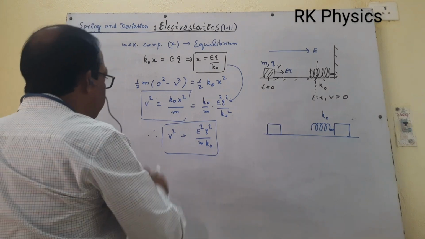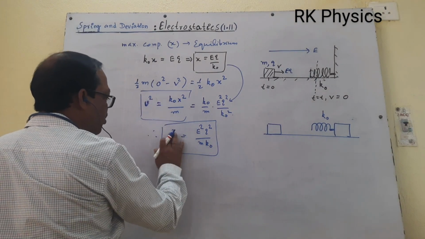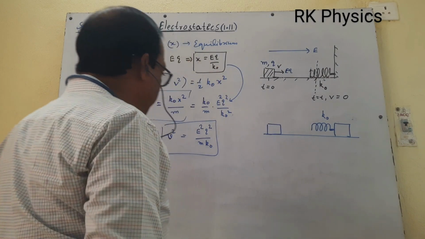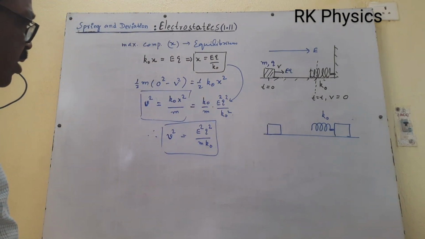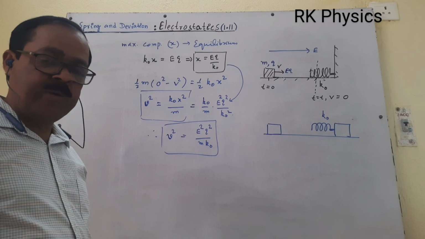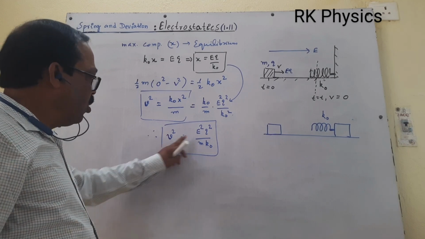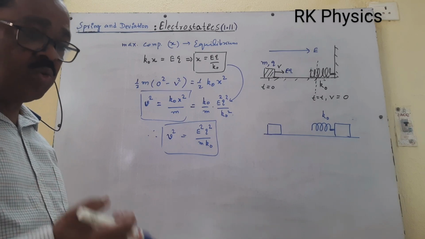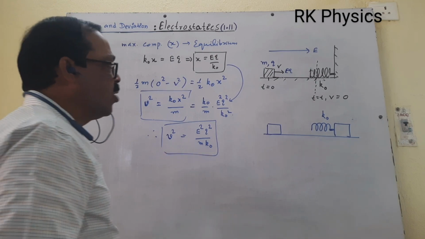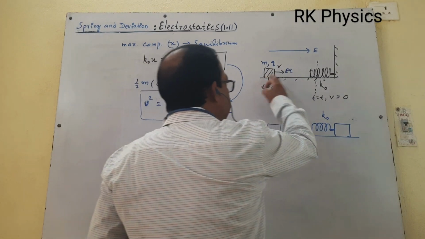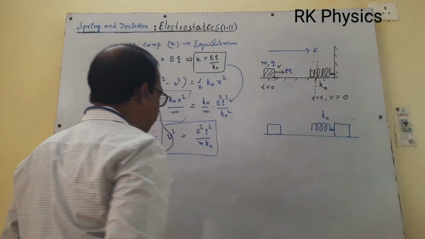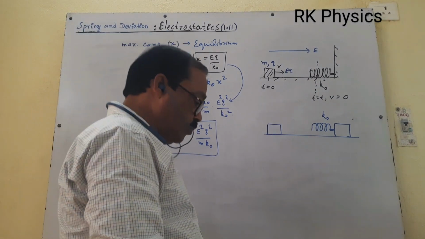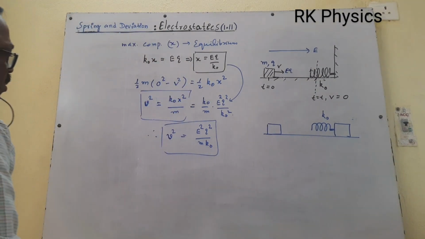On the left-hand side you take velocity v. That means if all others are given except E, you can find the value of E, that is, the electric field required so that the charge will accelerate this much distance. Similarly, other properties you can calculate.